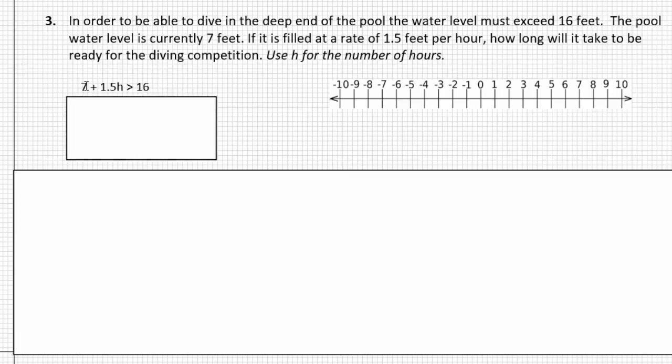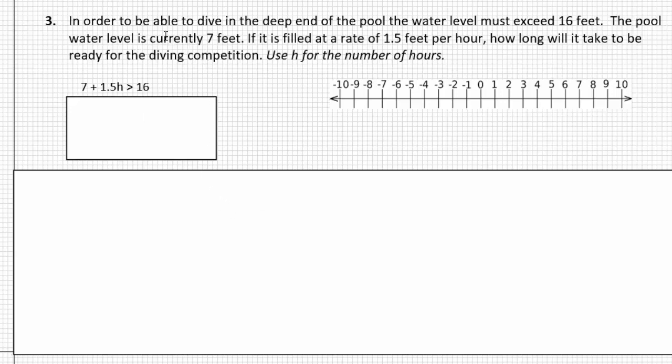How'd you do? Well, since it said it must exceed 16 feet, I used the greater than symbol. This side of my statement is representing the water level, and it must exceed 16. So 16 is on the low end of that water level that makes it safe for a diving competition.